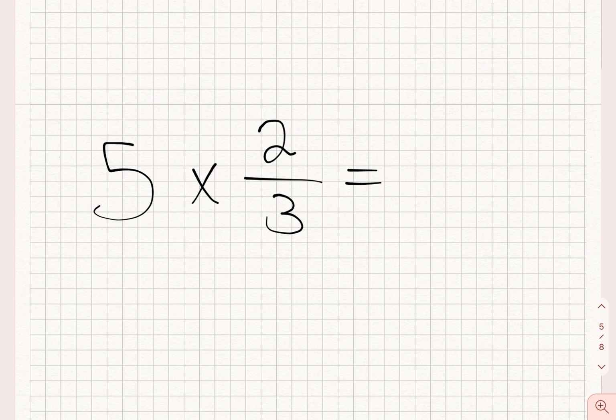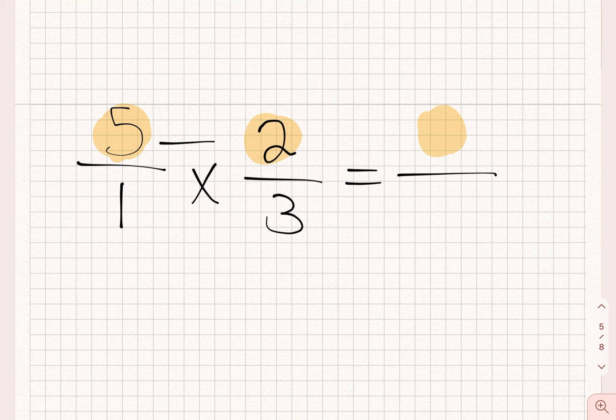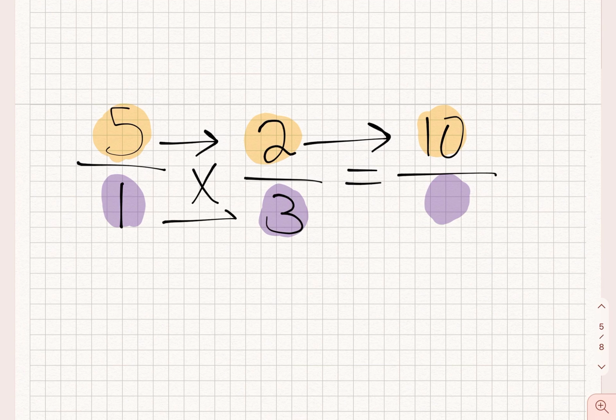So I'm turning 5 into a fraction, 5 wholes, and then I'm multiplying straight across here. So 5 times 2 equals 10, and 1 times 3 equals 3.